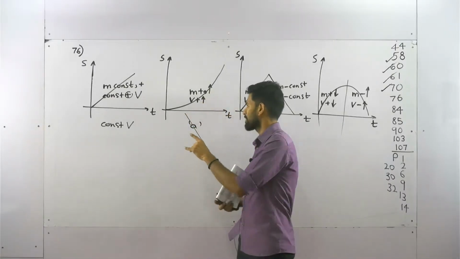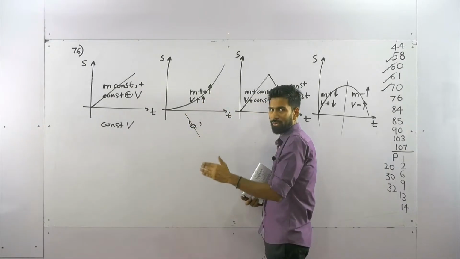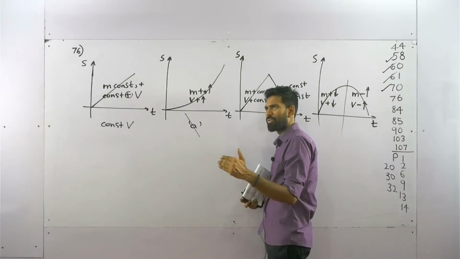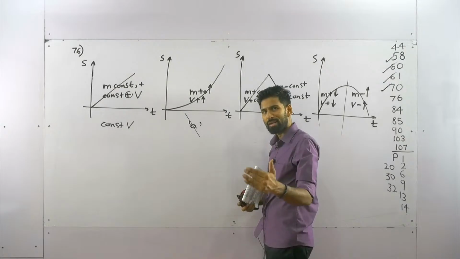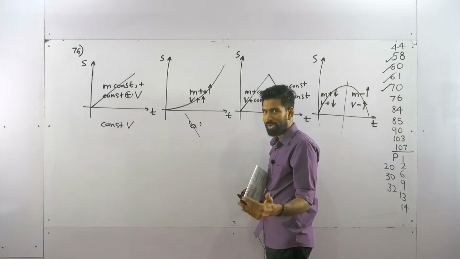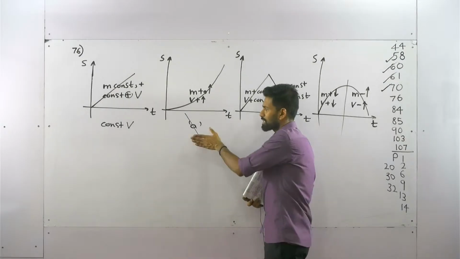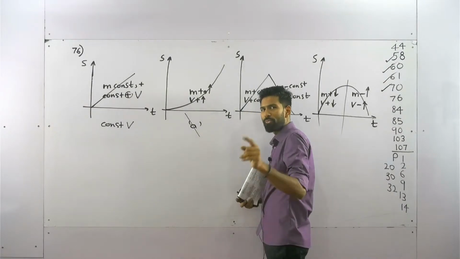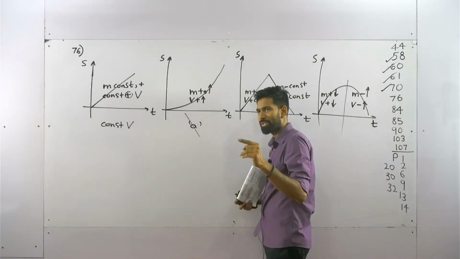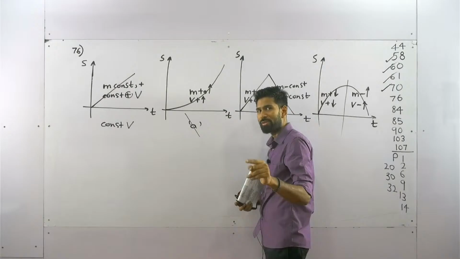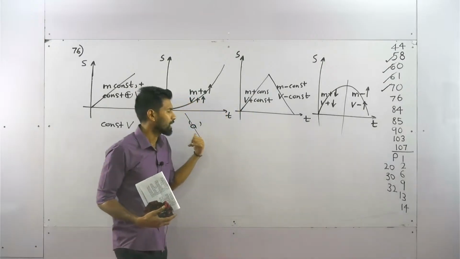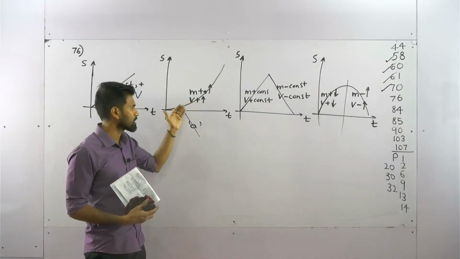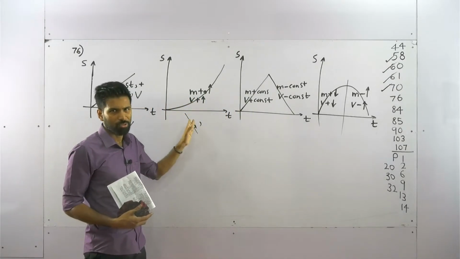Whatever the doubt, whether they are asking about a uniform acceleration or a uniform velocity, this is not giving us an answer. We can't judge that. So this is not the answer.